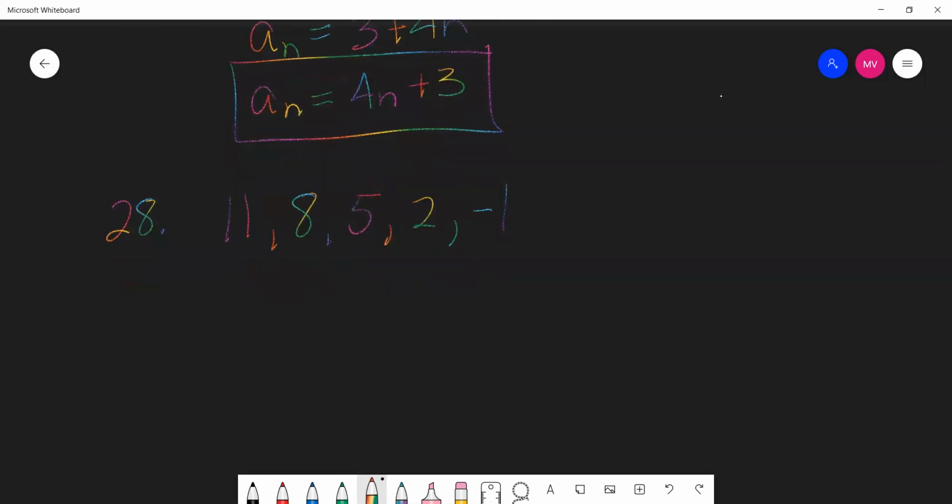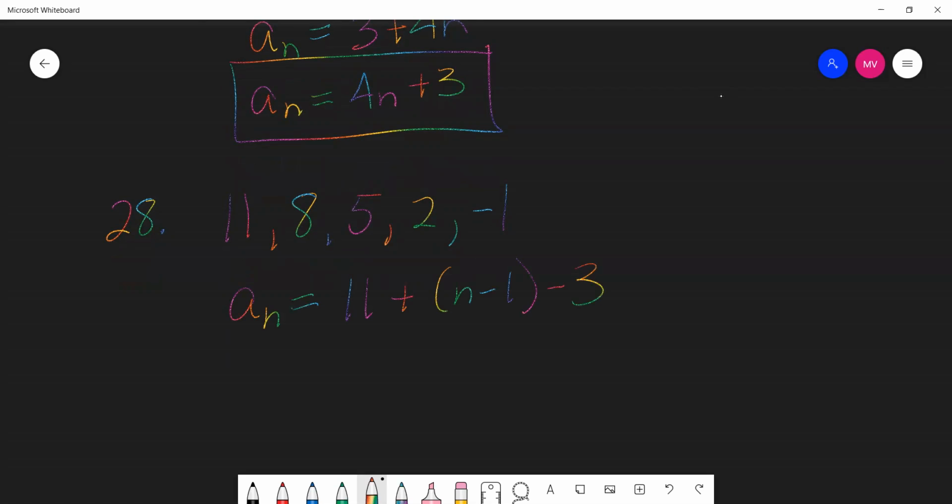Okay, so again, we're still doing explicit formula, so we don't need to define A1 besides we already have it. But AN equals, what's the term at position A1? 11 plus N minus 1 times what? Negative 3, because our numbers are getting smaller.